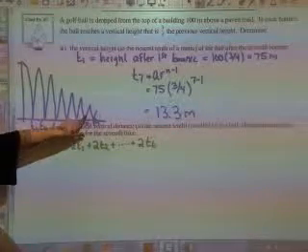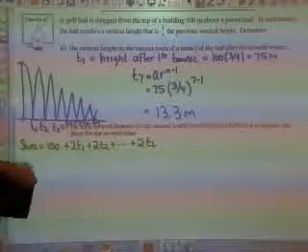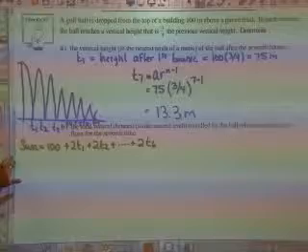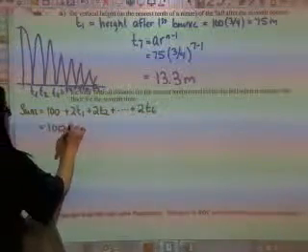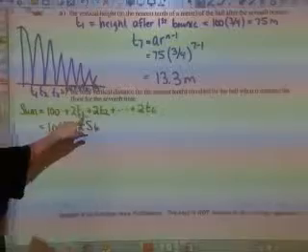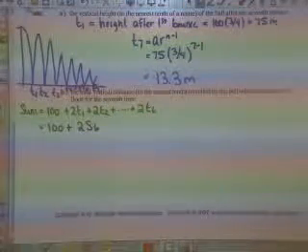Because this is the height after the 6th bounce. I don't want T of 7 in there because T of 7 was my height after the 7th bounce. So this becomes 100 plus 2 of my S6s. T1 plus T2 plus T3 plus T4, all the way up to T6.